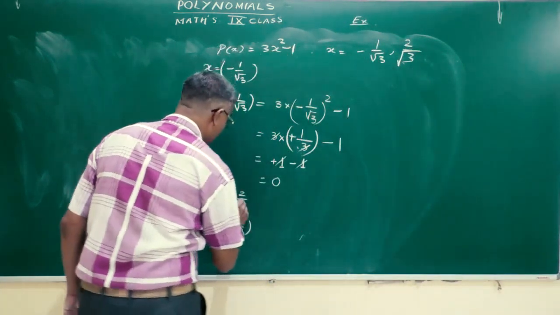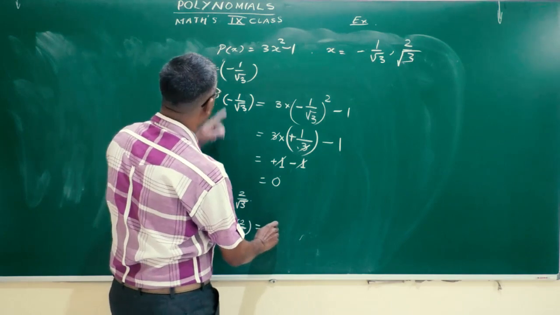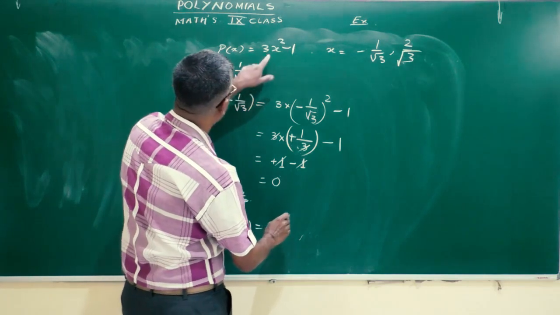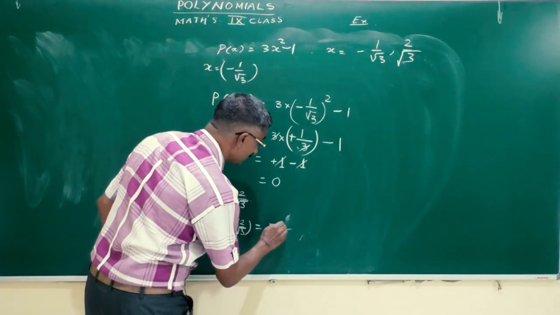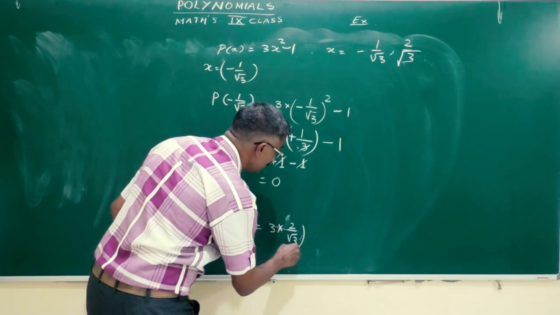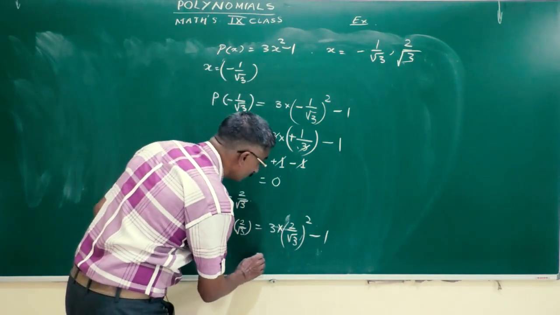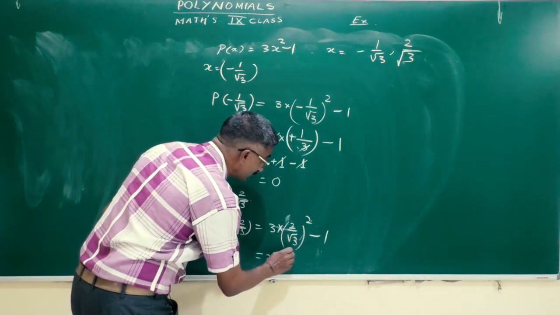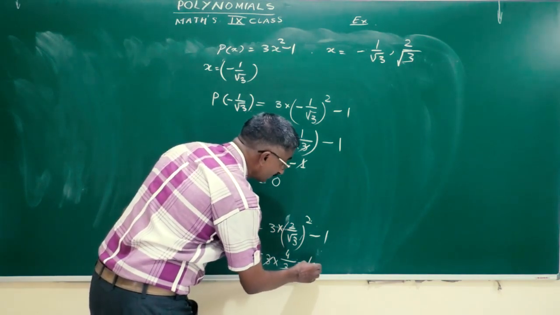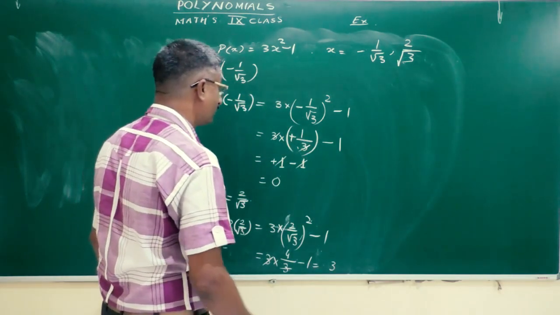So P of 2 by root 3 is 3 into 2 by root 3 whole square minus 1. So 3 into 2 square is 4, under root 3 square is 3, minus 1, 3 cancels, 4 minus 1 is equal to 3.